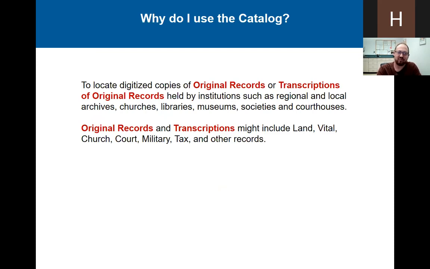The reason I use FamilySearch and why I extensively spend a lot of my time here is for the original records and the transcriptions of those original records, which are held at archives, churches, libraries, museums, societies, courthouses all over the country and all over the world. And those records, things like land, vital records. I'm talking births, marriages, deaths, church records, baptisms, burials, marriages, meeting minutes for Quaker meetings and other groups that file meeting minutes, the different court records.